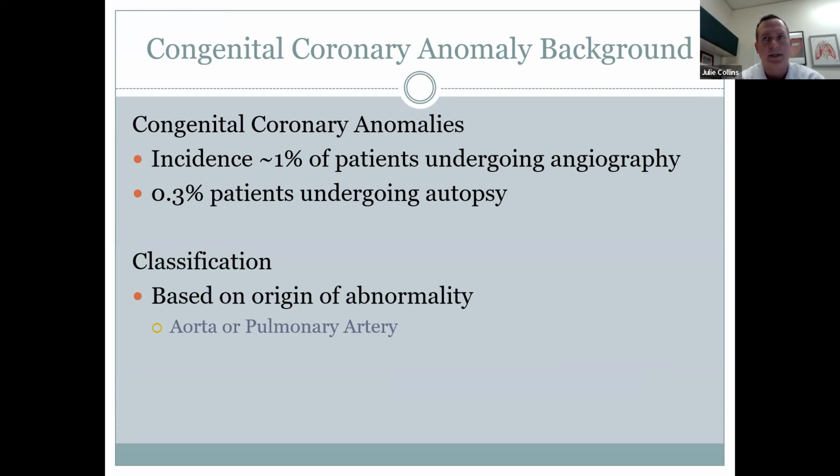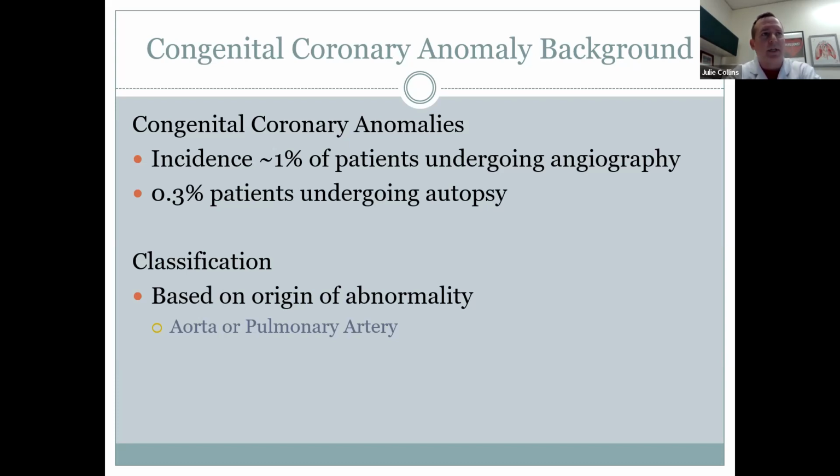There shouldn't be any calculations. We're going to cover ASDs, VSDs, AV canal, coarctation of the aorta, patent ductus arteriosus, congenital aortic stenosis, congenital mitral valve stenosis.